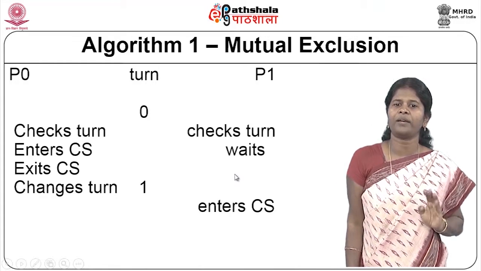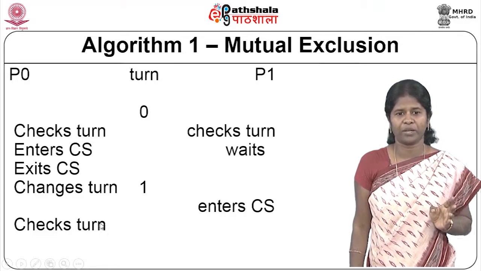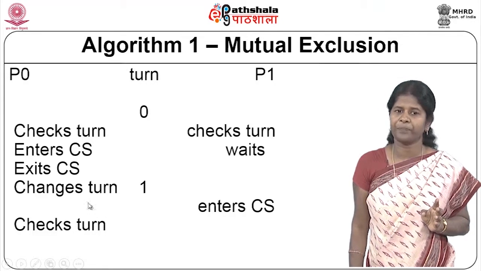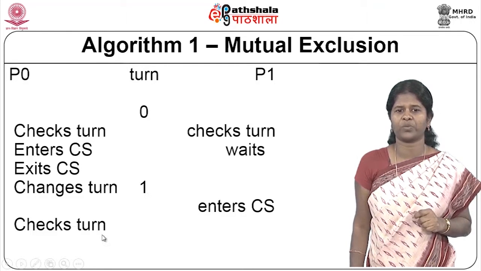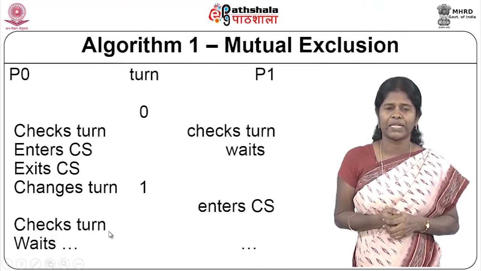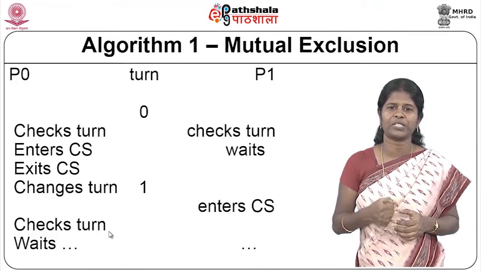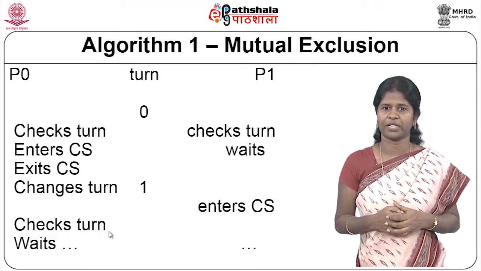So P1 enters the critical section, and when P1 is in the critical section, P0 checks the value of turn, finds that it is equal to 1, and waits. Thus mutual exclusion is satisfied: when one process is in the critical section, the other process is not allowed to enter the critical section.